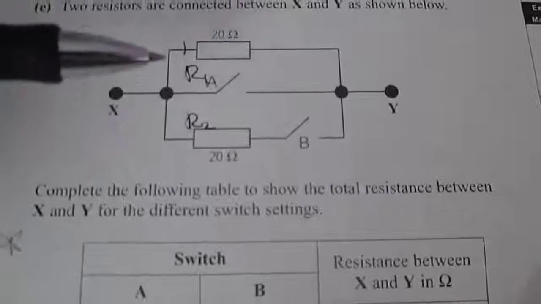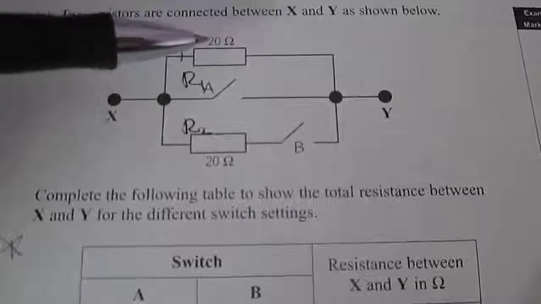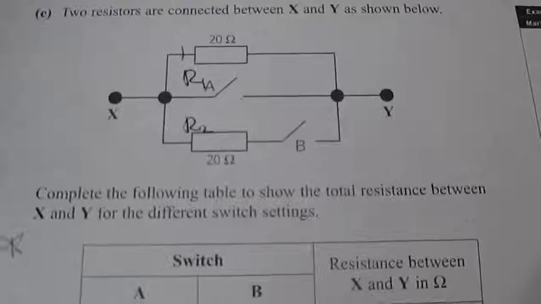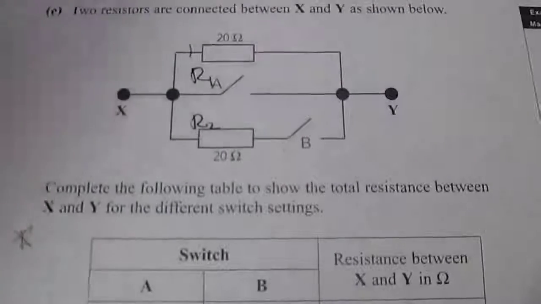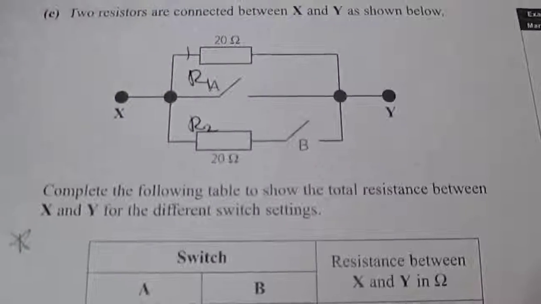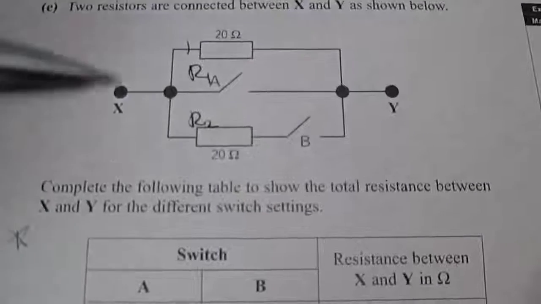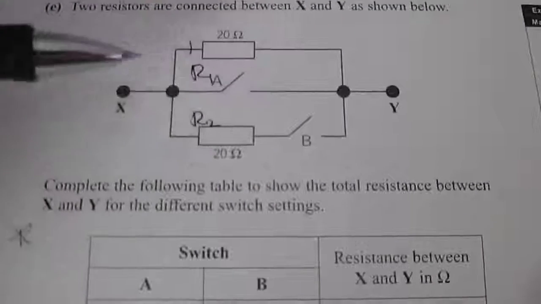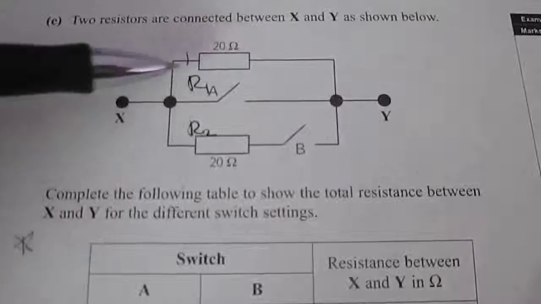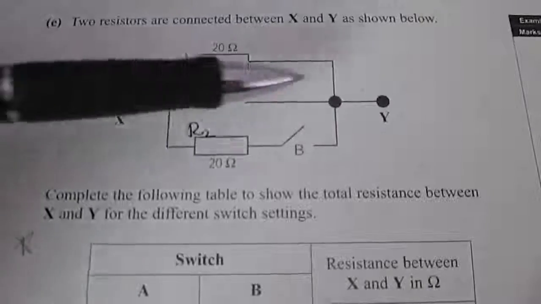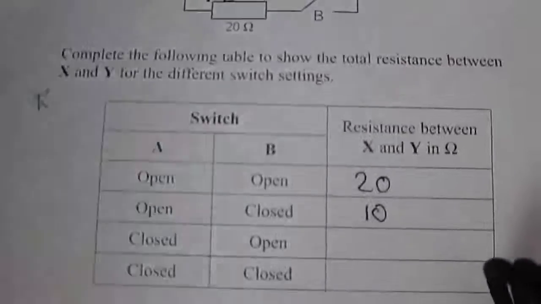So to flow through this resistor, it's trying to stop the current, so it's not going to flow through there. Along this path there are no resistors, so it's the easiest path to go through. So in this case, when A is closed, it is just going to flow straight through. It's not going to go up this way because it's trying to stop the current. It's going to flow from X straight to Y, so our resistance is 0.